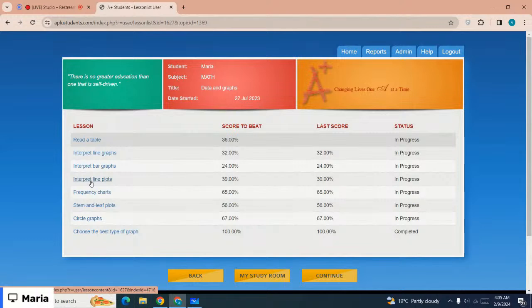Yes, that's still interpret line graphs. Okay, so you have to start with interpret bar graphs, right? So let's just start with interpret bar graphs.